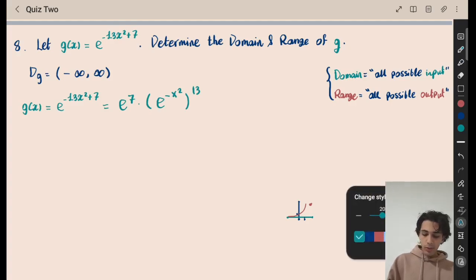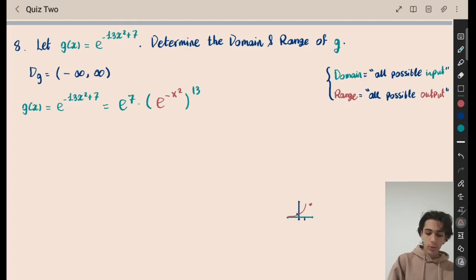And what I want to emphasize here is this function in the middle. I just use the laws of exponents. And so this is just distraction.